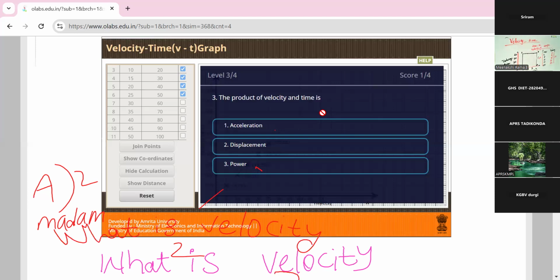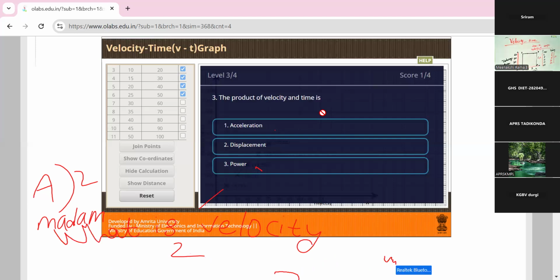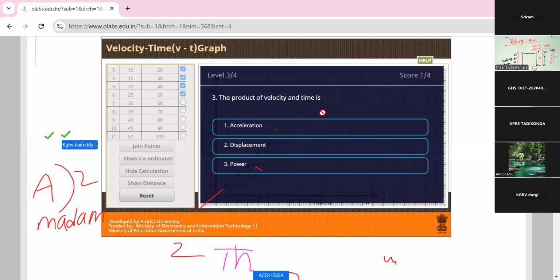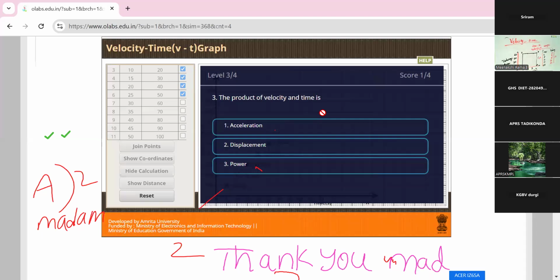Velocity is nothing but the rate of change of displacement. So if we want to calculate velocity, it is displacement divided by time taken. Understand? Is that clear?